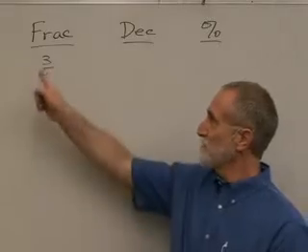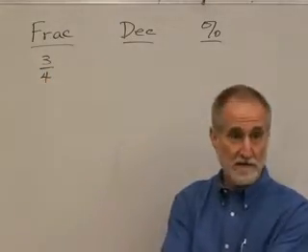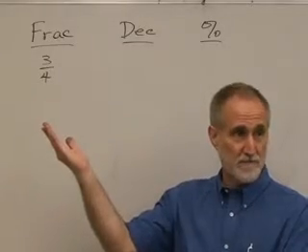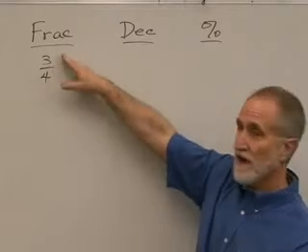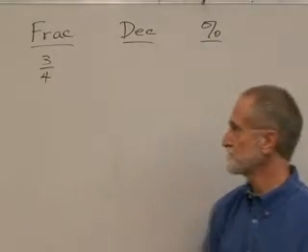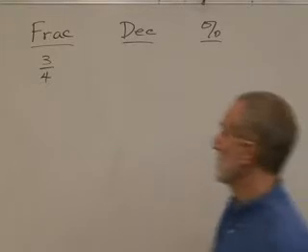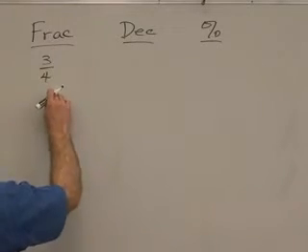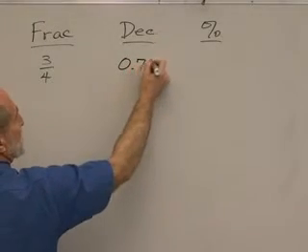I could punch in 3 divided by 4 equals, and it would tell me what the decimal equivalent of that is, wouldn't it? So just try it. Punch in 3 divided by 4. It's always top divided by bottom equals. Should say 0.75. Okay? So 3 divided by 4, that's what that horizontal line means, is 0.75.